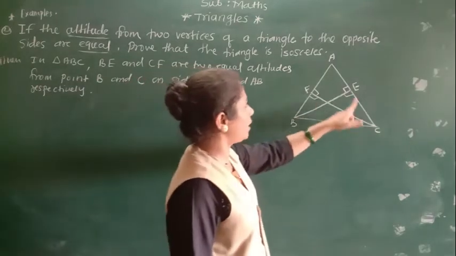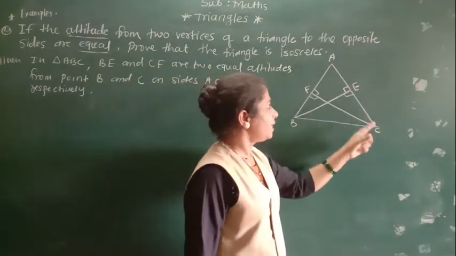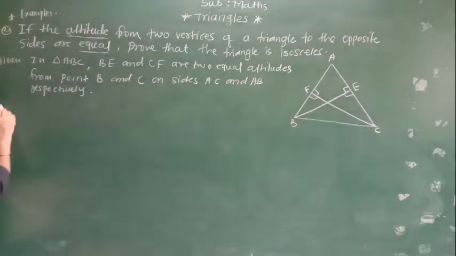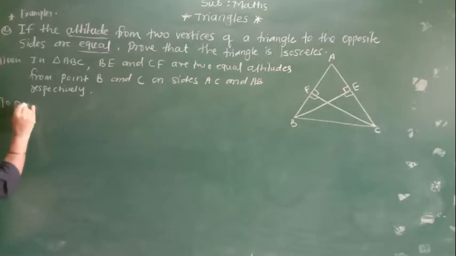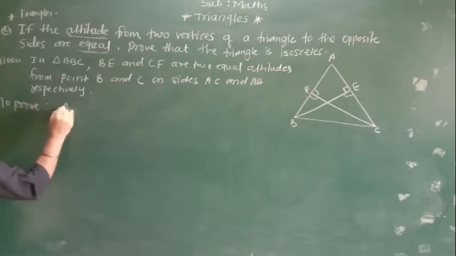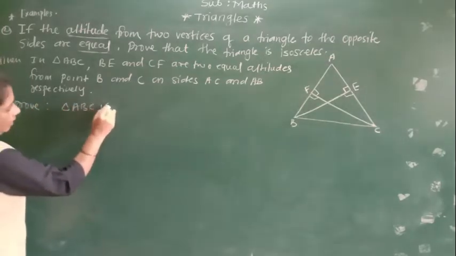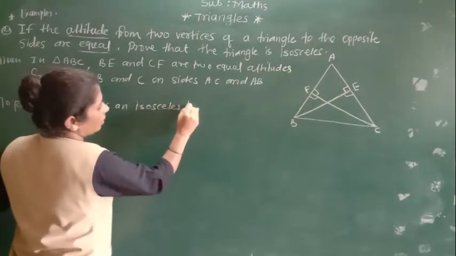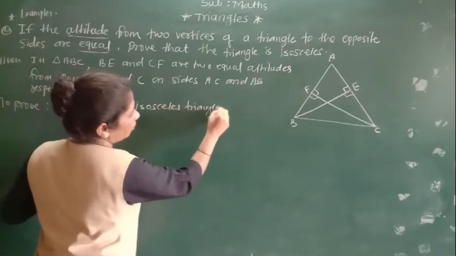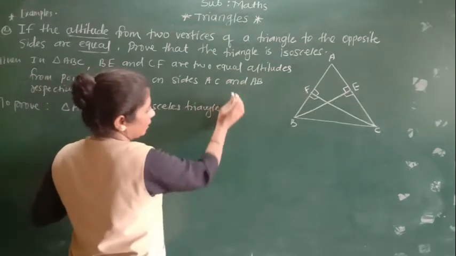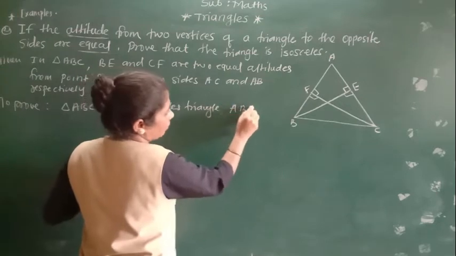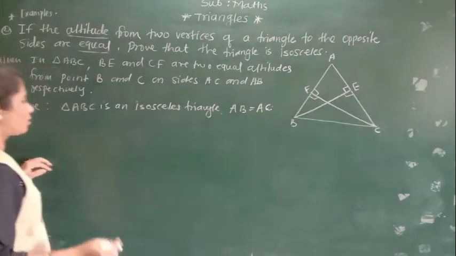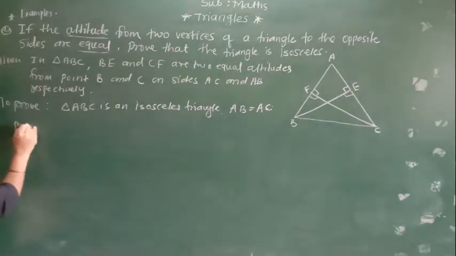Understood? And what do we have to prove? Triangle ABC is an isosceles triangle, that is, AB equals AC. Okay, so here we will now write the proof.